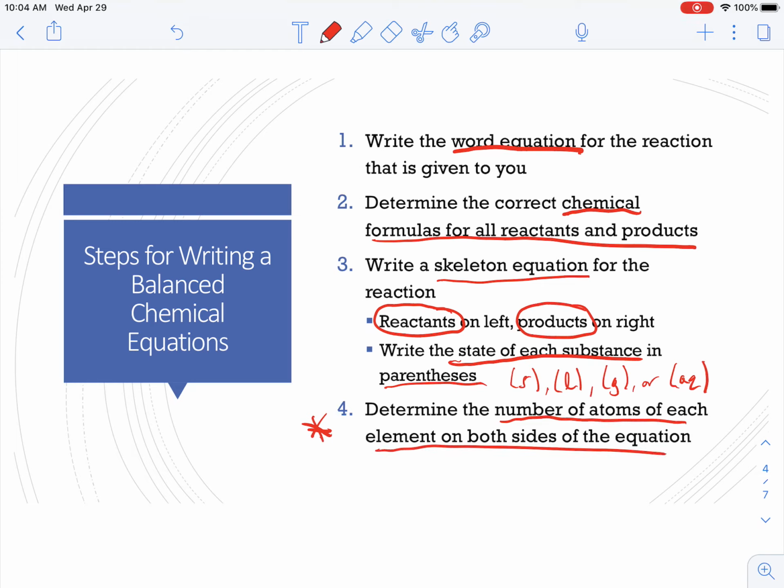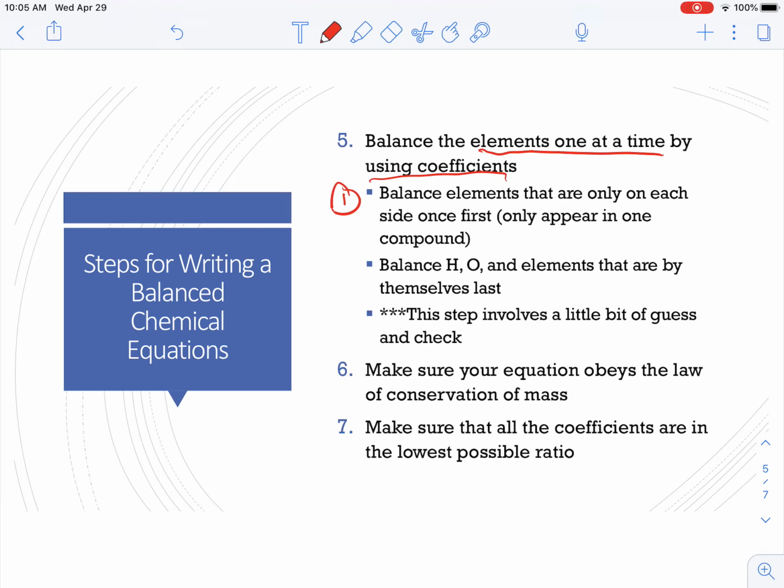So there are a couple of mini steps we want to follow first. First, we're going to want to balance any elements that are only on each side once. What that means is that a particular element is only in one reactant and only in one product, so it only appears in one compound per side of our equation.